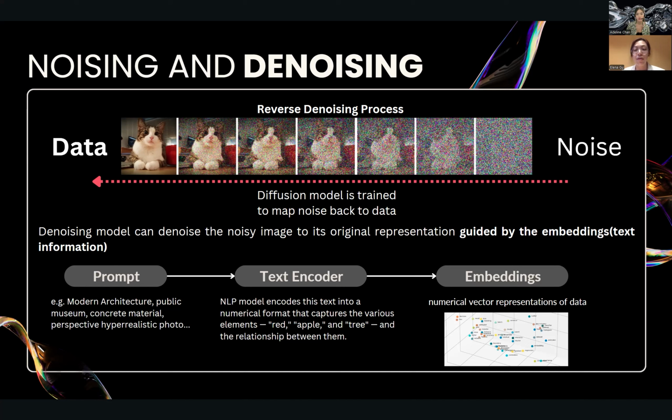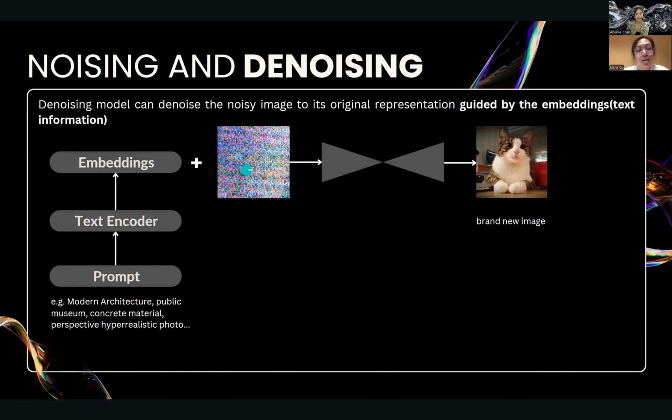They have a large data set of models and data to produce the vector representations. So every prompt you put in turns into data, and that data will be attached to a noise, and through the denoising procedure you get a brand new image generated by the AI.